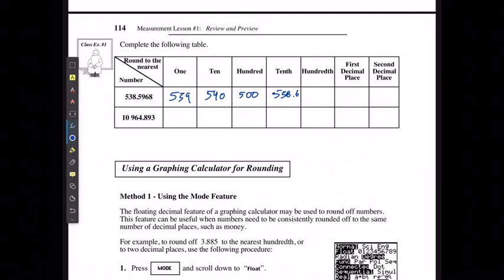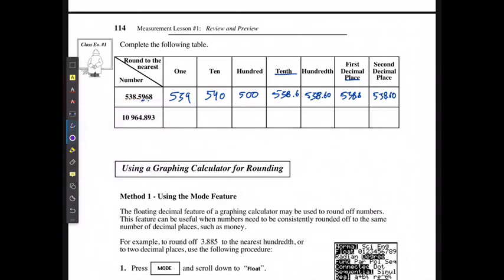If I do the 100th, then after the 100th is a 6, so that's going to round up, and the 9 is actually going to round up to a 10, so that would be 538.60. First decimal place is the same as the 10th, 538.6, and second decimal place is the same as the 100th, 538.60.